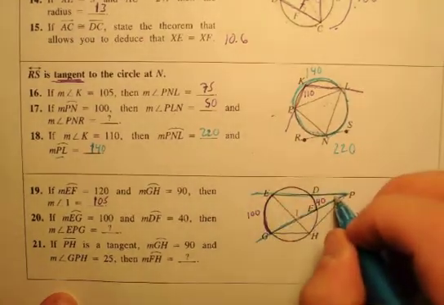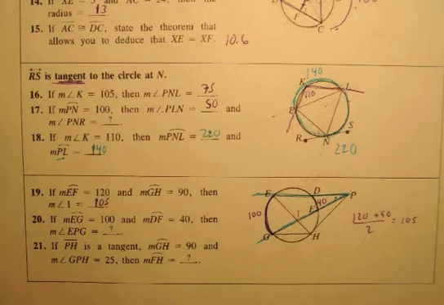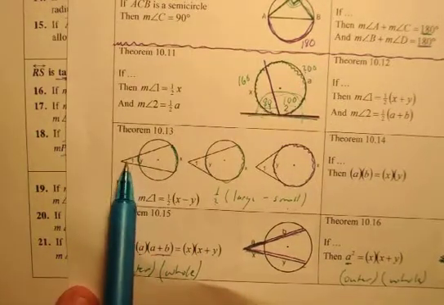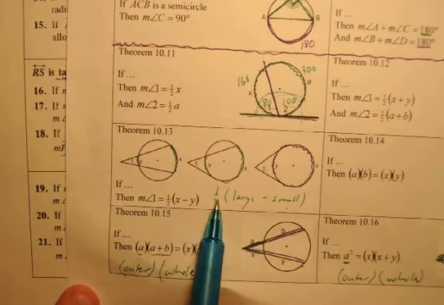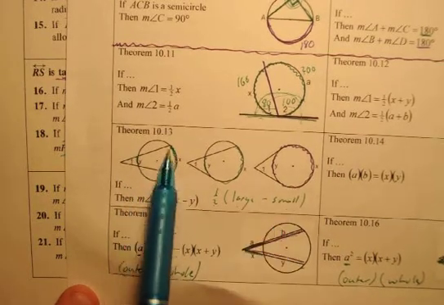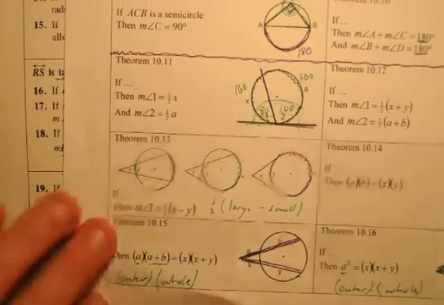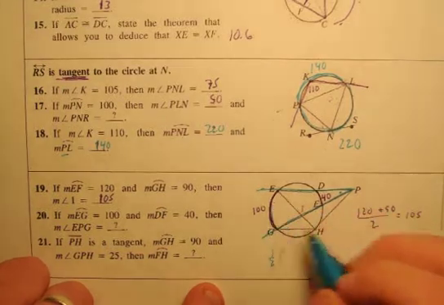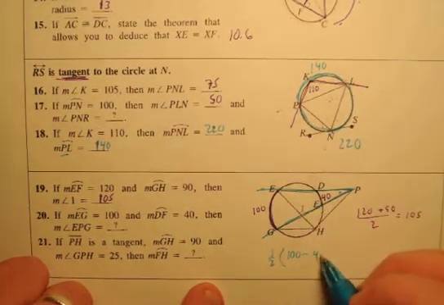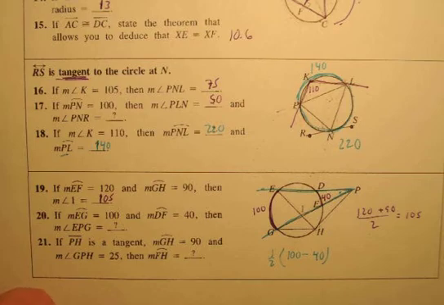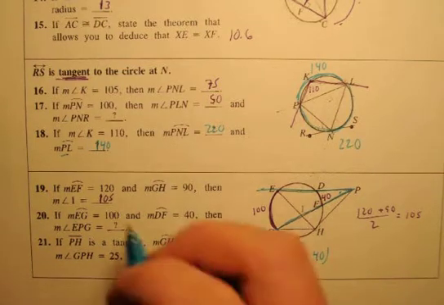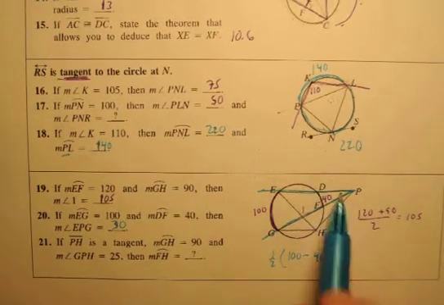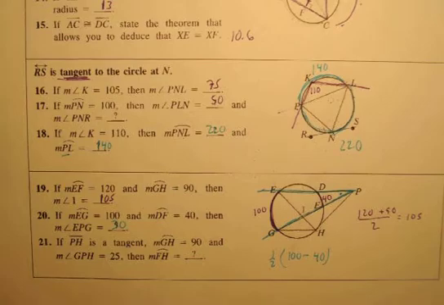We've got a theorem for that, and it would be this one. If the angle's outside, you do 1/2 large minus small. So you take the large arc and subtract the small arc, and divide by 2. So 1/2 large minus small, which would be 60. Half of 60 is 30. That's the answer for that one. It looks like a 30-degree angle.